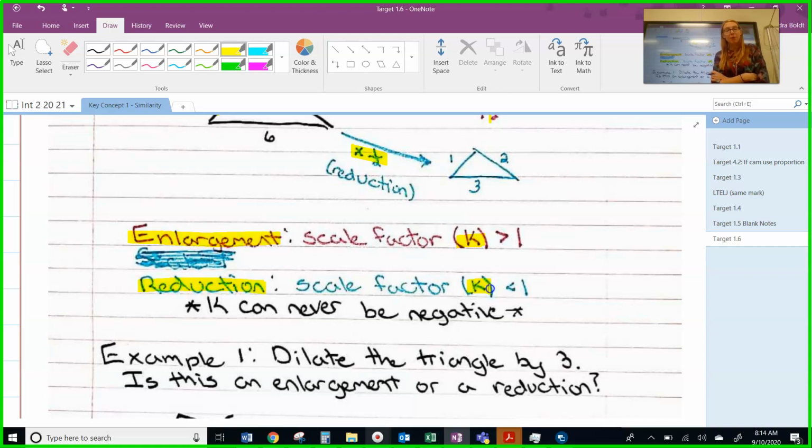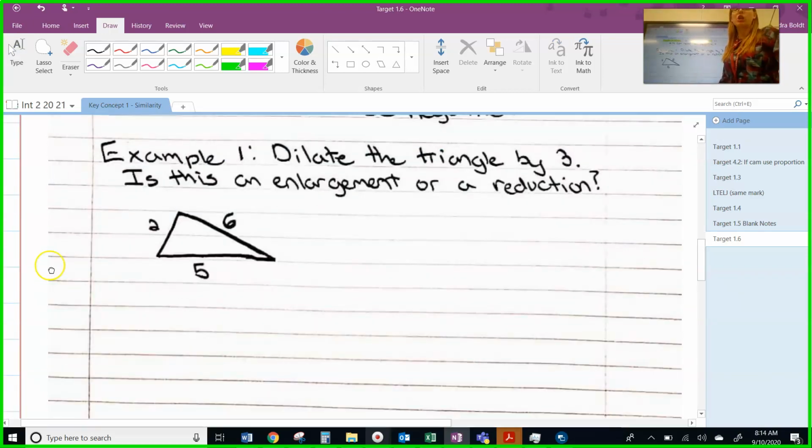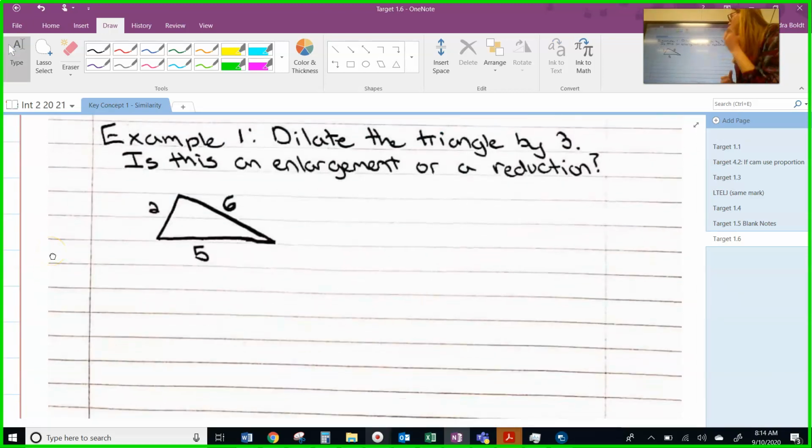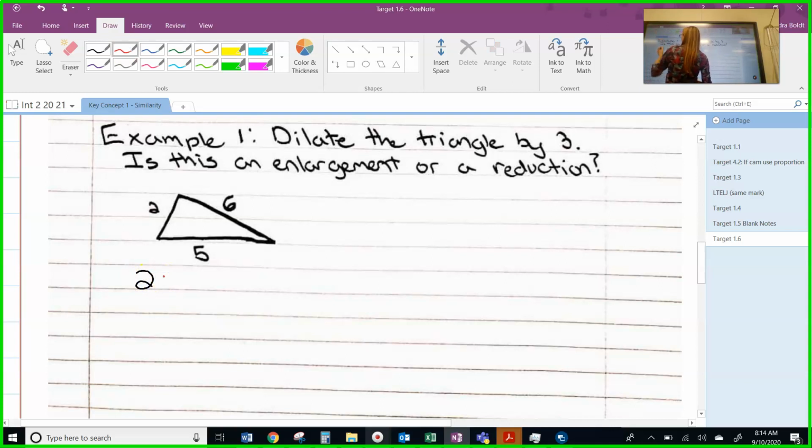So let's look at an example. We are going to dilate our triangle by 3, and then is this an enlargement or a reduction? So here I'm going to look at my triangle, and basically all I'm doing is I'm taking each number, so I have 2, and I'm going to multiply it by my scale factor.